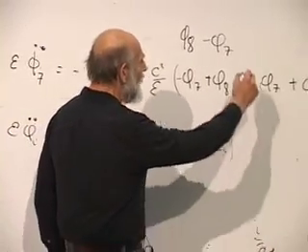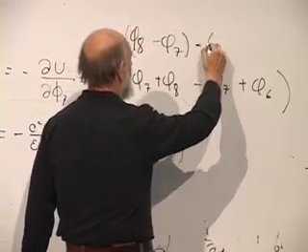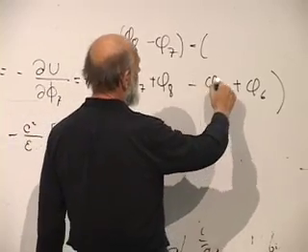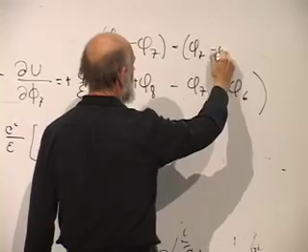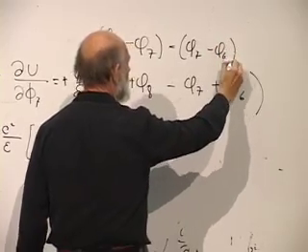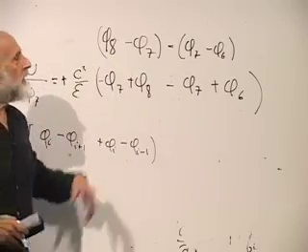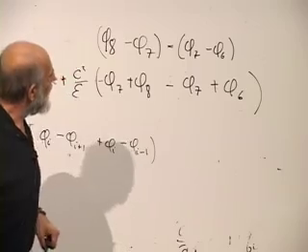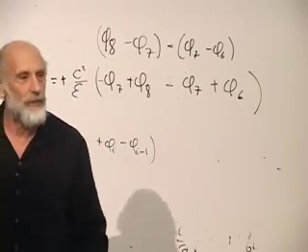Now, then there's minus, and let me put in parentheses, phi 7 minus phi 6. So I have phi 8 minus phi 7 minus, phi 7 minus phi 6. Any idea what this whole thing will become? The second derivative.